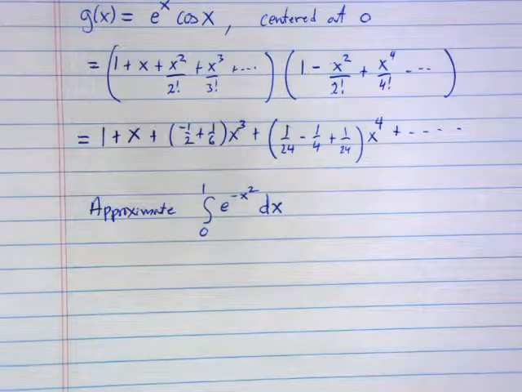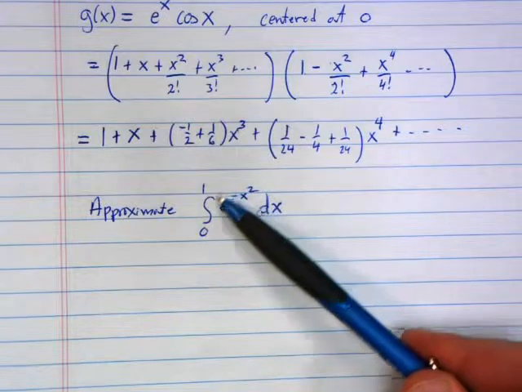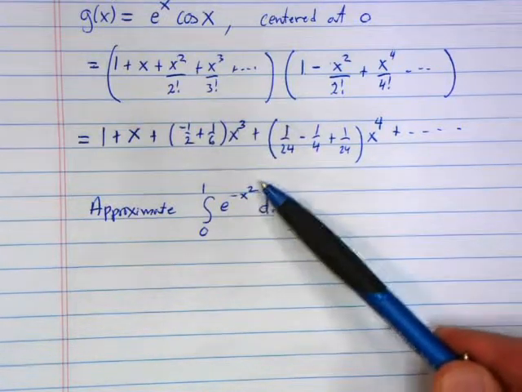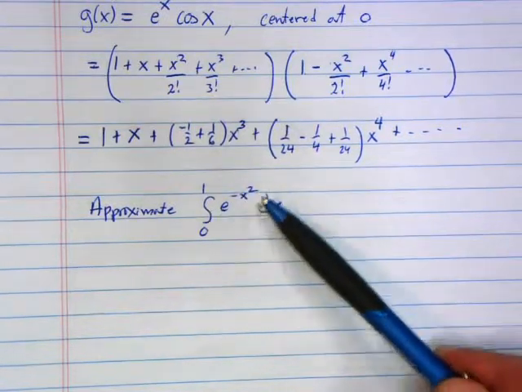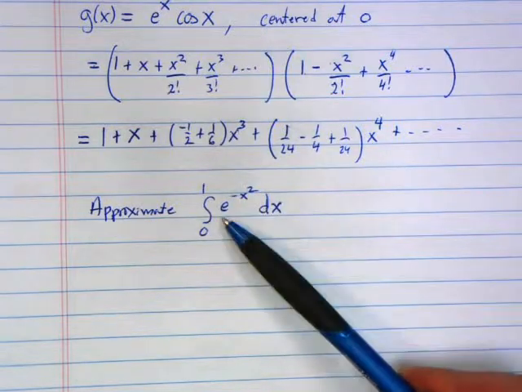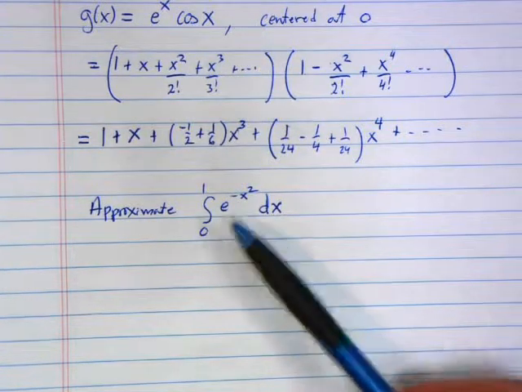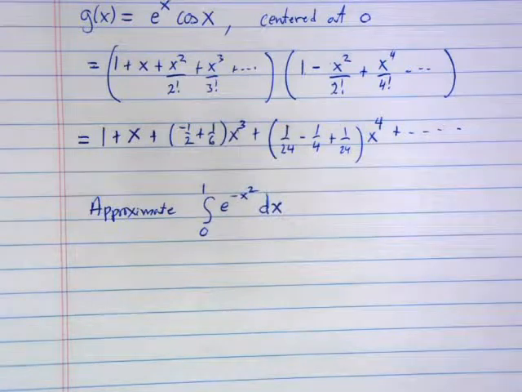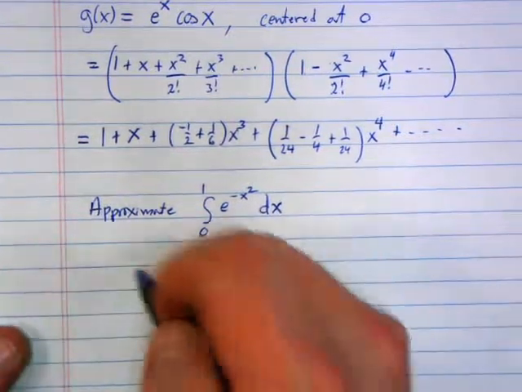Well, this is a very famous function. It's a very famous function in the sense of this is one of the ones that's always used as an example for you can't use the fundamental theorem of calculus, because e to the negative x squared does not have an antiderivative. So what do you do? You use power series.